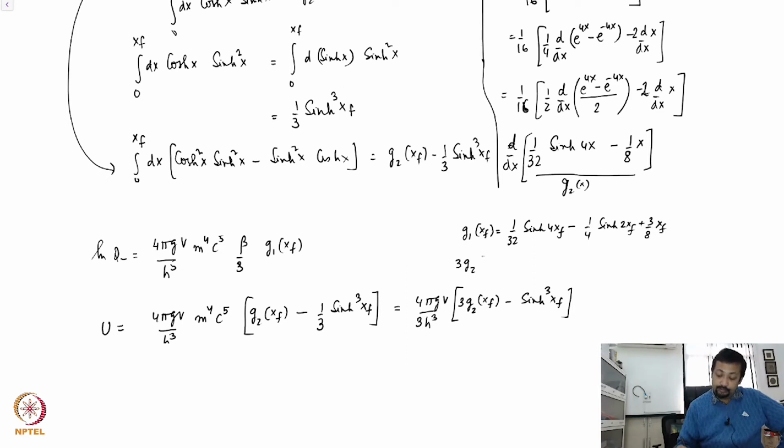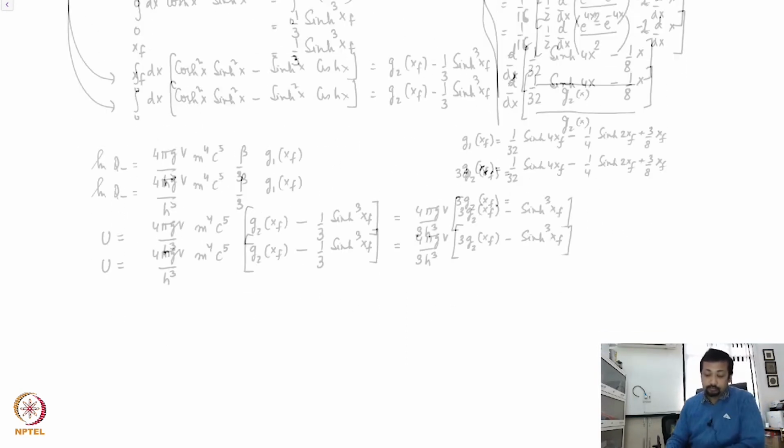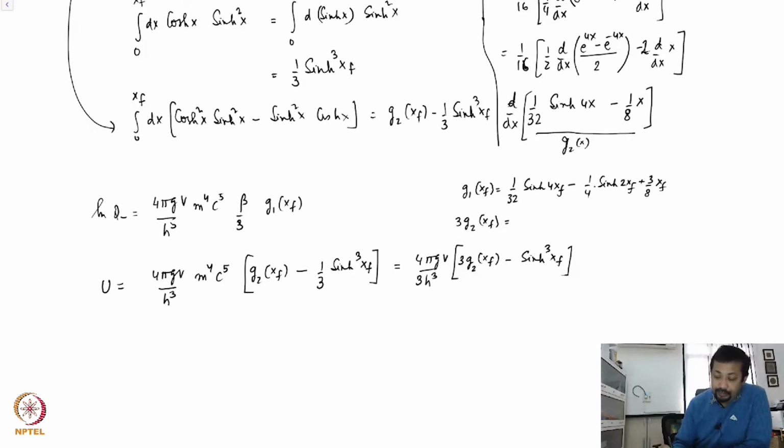For G2, we will write 3 G2 of XF is going to be multiplied by this, so it's going to be 3 over 32 sinh of 4XF minus 3 by 8 of XF.